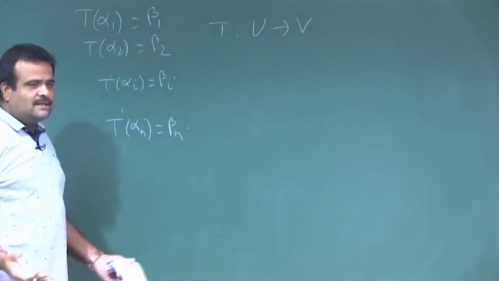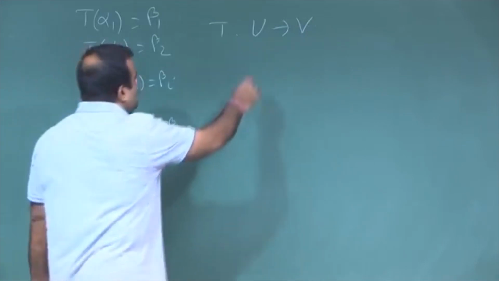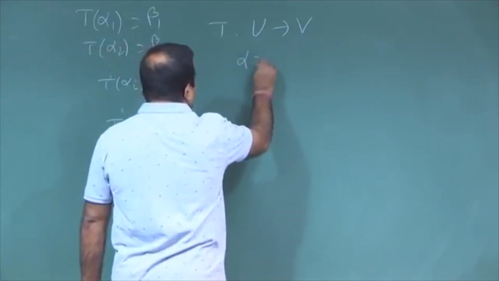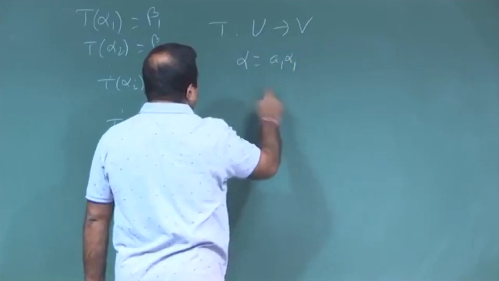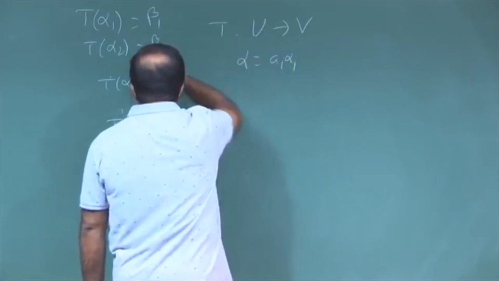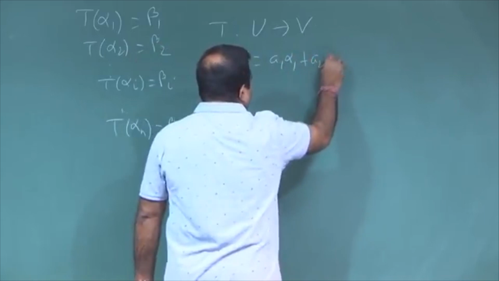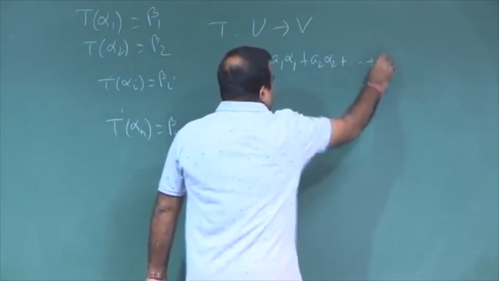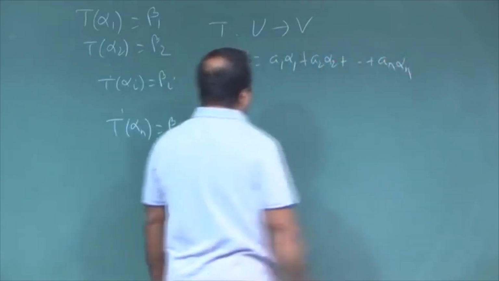Now, how do we get this transformation? Suppose we take an alpha from U. Alpha is a member of U, so it can be written as a linear combination of the vectors in the basis, a1 alpha 1 plus up to an alpha n.